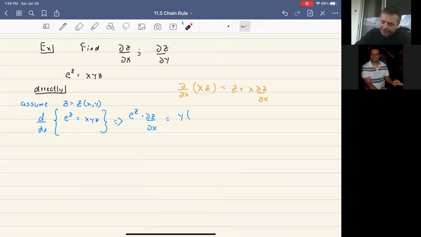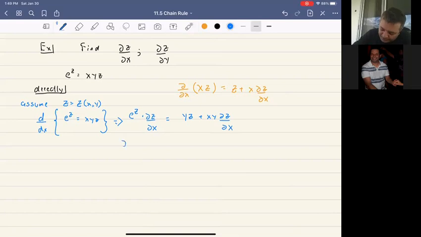Z, remember, is assumed to be a function of x and y. Plus x partial of z with respect to x. So we're going to just expand that out. We're going to add a y on everything, so we're going to get yz plus xy partial z with respect to x. Now we're going to solve for partial z with respect to x.